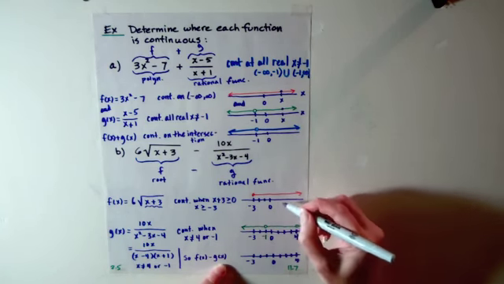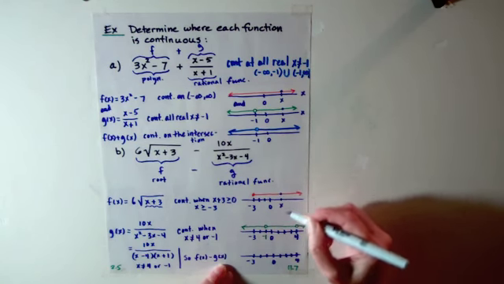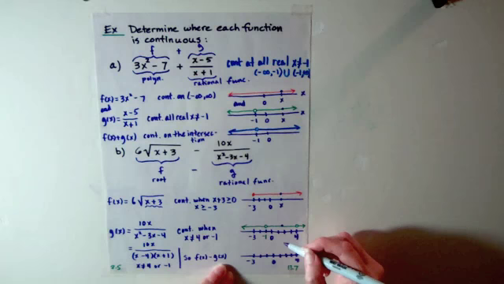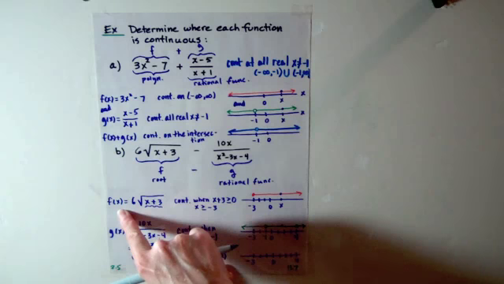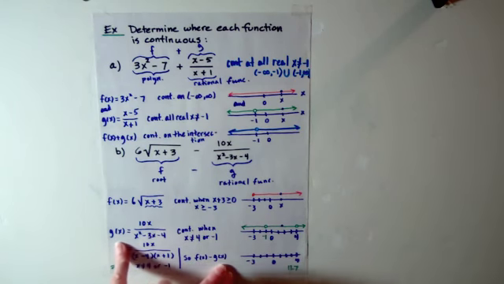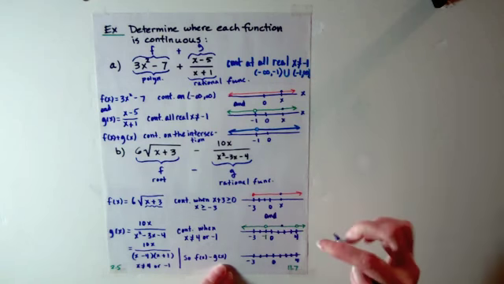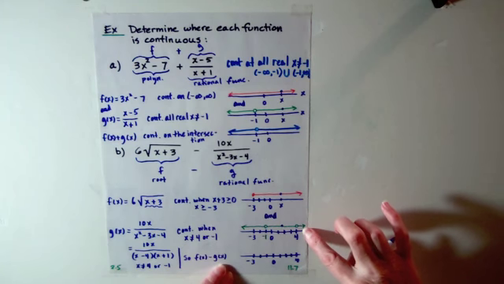Any x value, if I pick this particular one, that's both on the red set of points and on the green set of points at the same time, is going to be an x value where f of x is continuous and where g of x is continuous, and therefore f minus g will be continuous at that particular x value. So we want all the points x that are both in the red set of points and the green set of points at the same time.